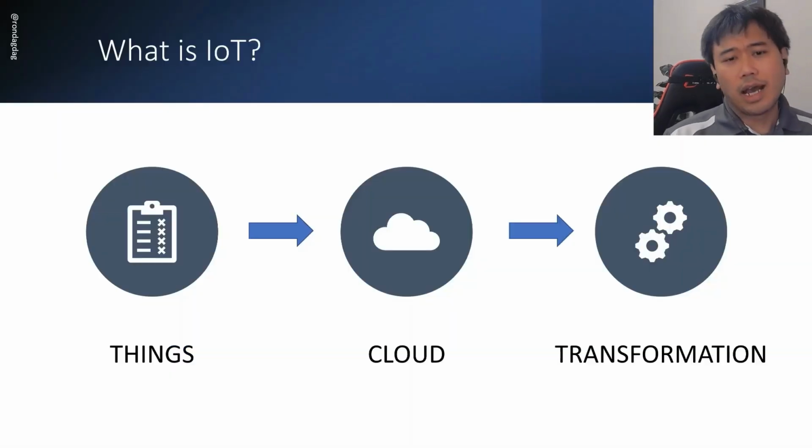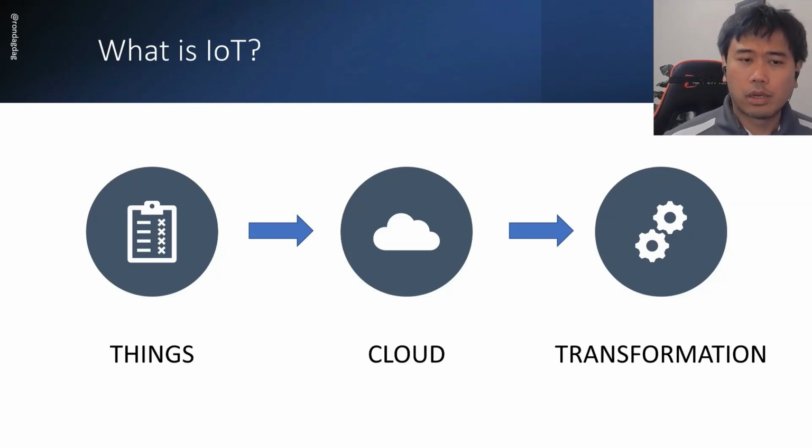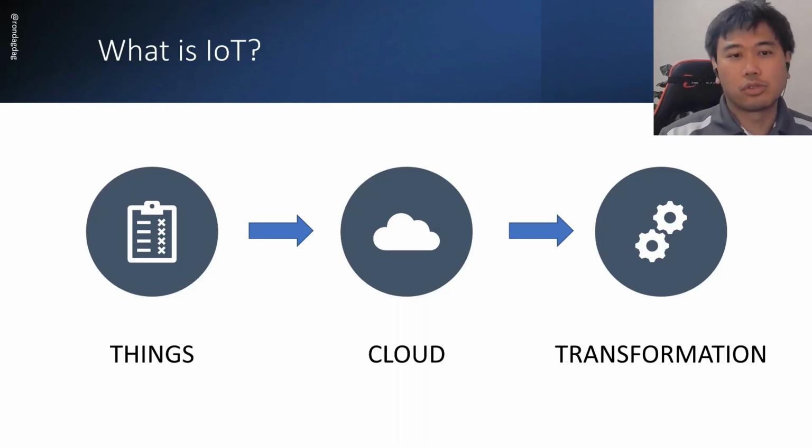What is IoT? IoT can be summed up with these three things, right? You have a thing that's sending data to the cloud, and you use that data to transform it where you can use it for business applications, or not just business, but maybe home automation.